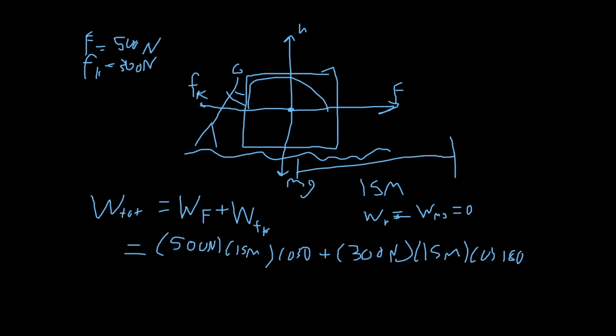So it's going to give you a negative sign, and the end result of our problem here is going to give you 7,500 newtons, or 7,500 joules in this case, because it's newtons times meters. And then we're going to get minus 300 times 15, which is going to give us minus 4,500 joules for our work total.